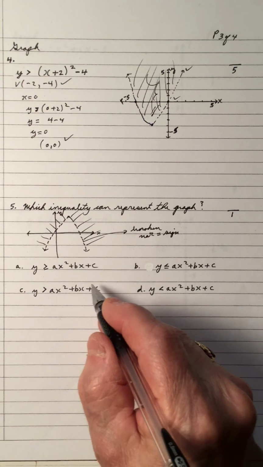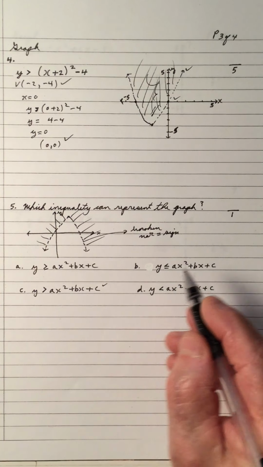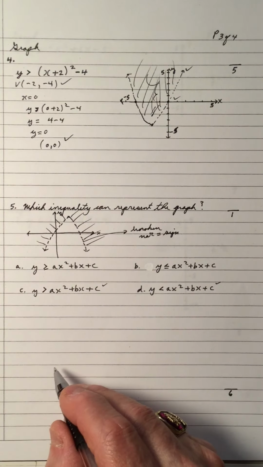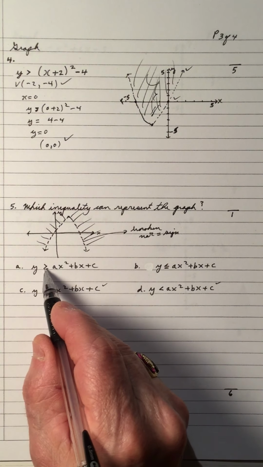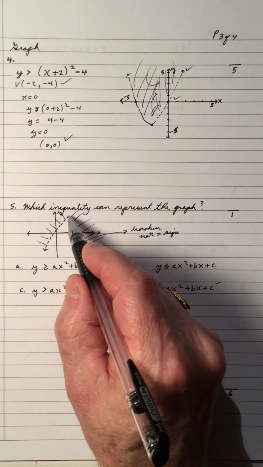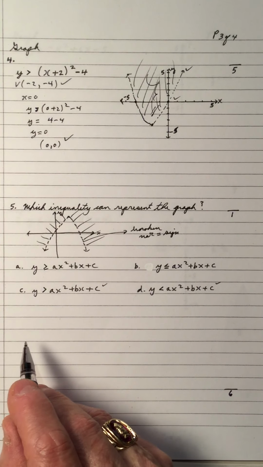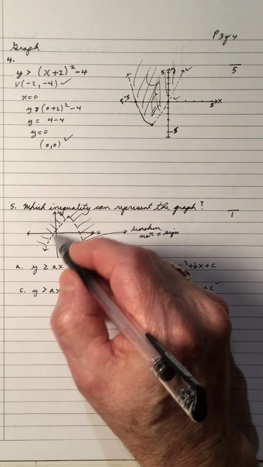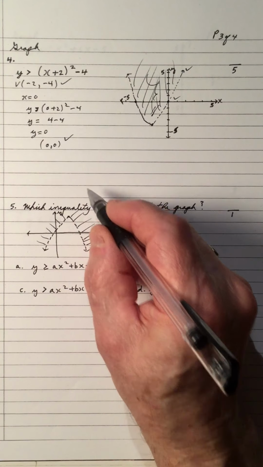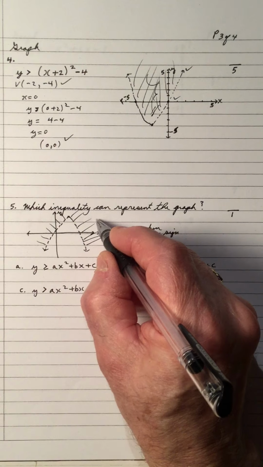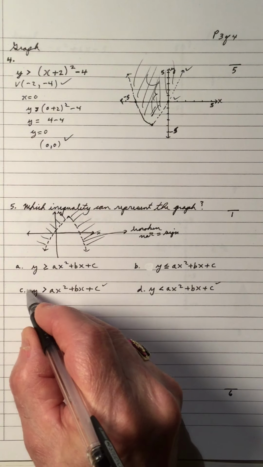So no equal sign, so we're looking at this one and this one. We can't use the others, because less than or equal to, greater than or equal to would be a solid boundary line. And because we have shaded above, notice the shading is going up, up is greater, so it's this one.